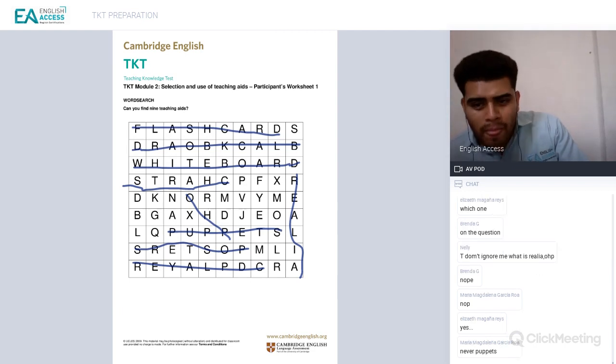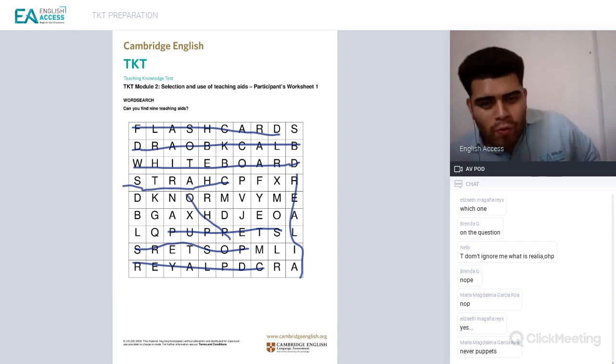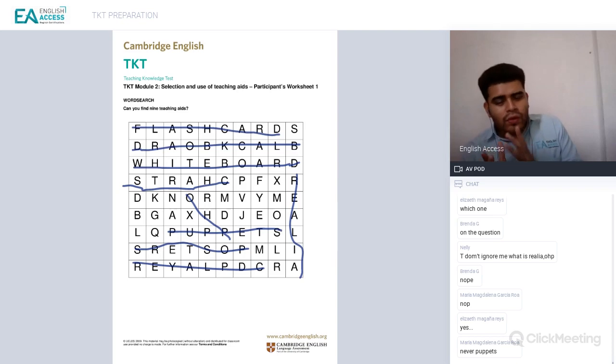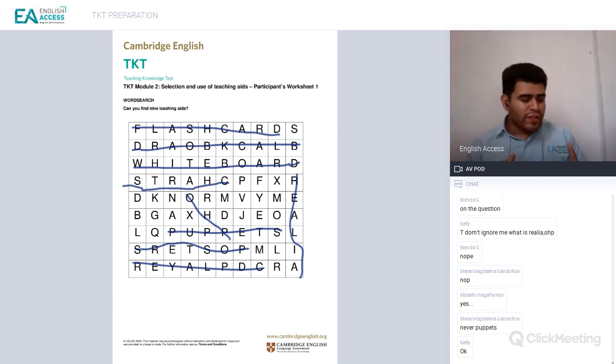Oh, Nelly, I didn't see it. Realia is any real material you can bring into your class. For example, you can bring baseball cards. You can bring something that reminds you of real life.